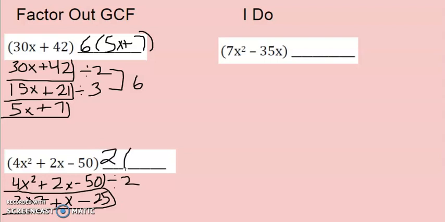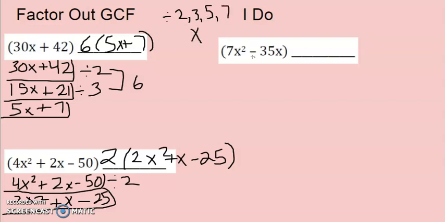Write 2 on the outside, our greatest common factor, and then on the inside we have the last layer of the cake: 2x squared plus x minus 25, close parentheses. So the numbers that we want to try to divide out each time are 2, 3, 5, 7, and x to the lowest power of the terms that you're dealing with.